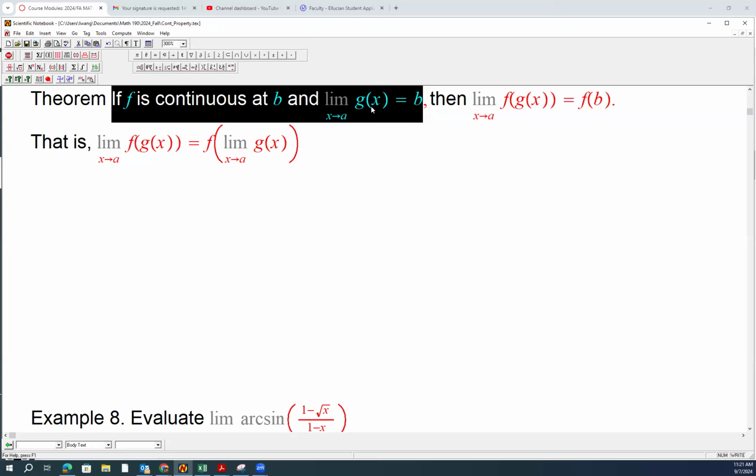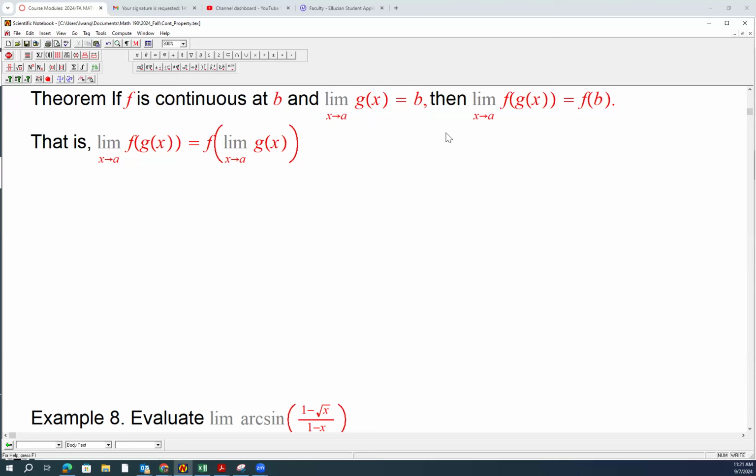It only requires g has a limit when x approaches a. That needs to be paid attention to. So if we can do that, we can take the limit across the continuous function f, take it inside.